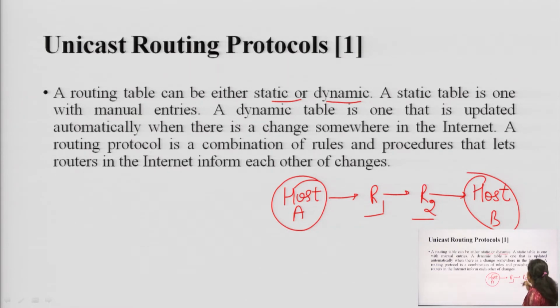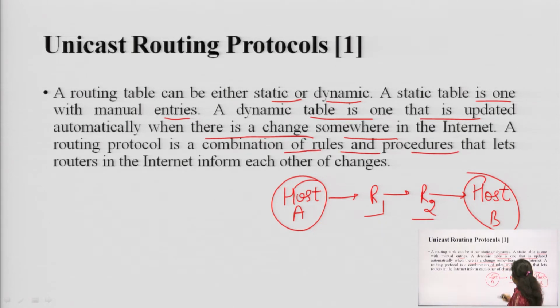A static table is one with manual entries, which means the data will be entered manually. A dynamic table is one that is updated automatically when there is a change somewhere in the internet. A routing table is a combination of rules and procedures that lets routers in the internet inform each other of changes.